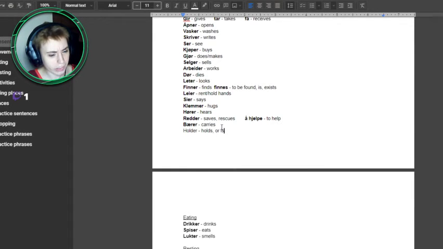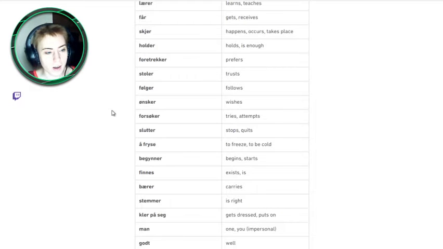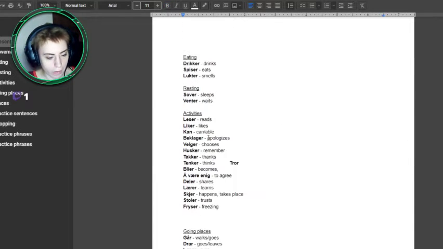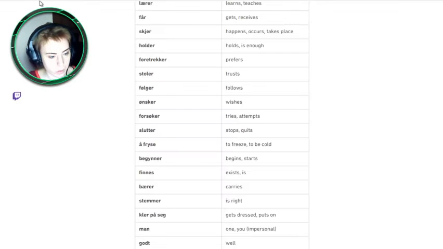Holds or is enough, two very different definitions. Foretrekker, prefers. I don't think I had that one down. Prefers. Did I spell it right?